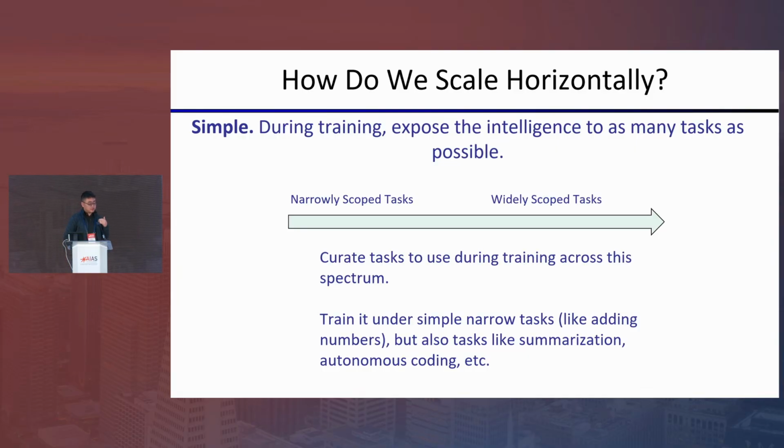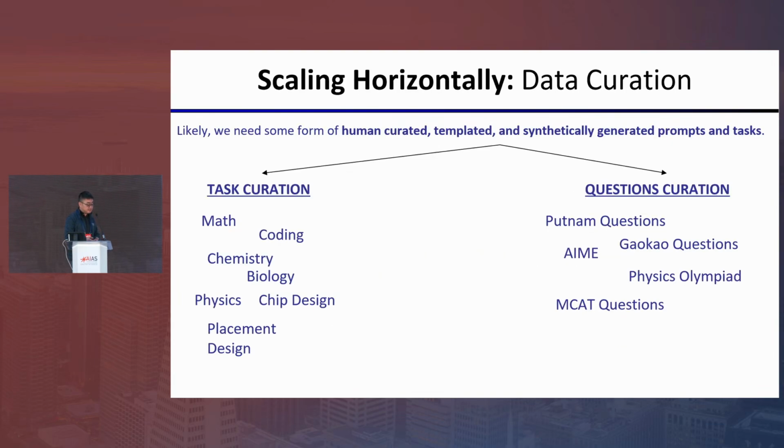So basically, we want to curate tasks to use during training across the spectrum, and we have to train it both under simple narrow tasks, such as adding numbers. We want the AI to be reliable in terms of doing that. But we also want to add in lots of widely scoped tasks, which are really challenging, require lots of attempts, and require very rich feedback. Hopefully, the AI at the same time would also be able to excel at these tasks.